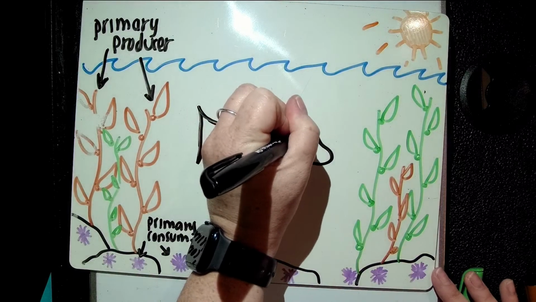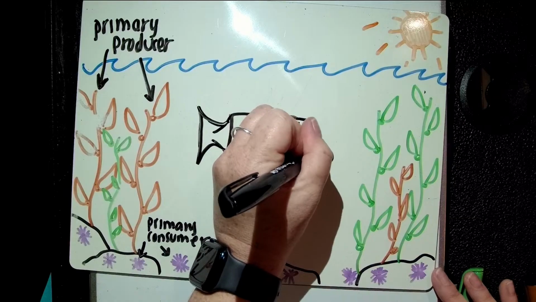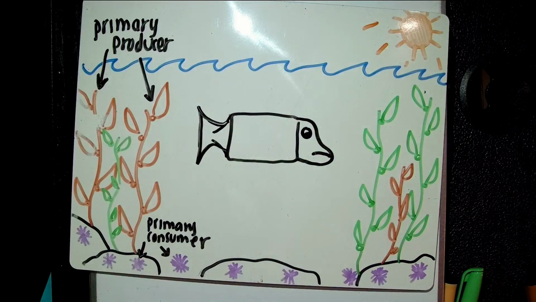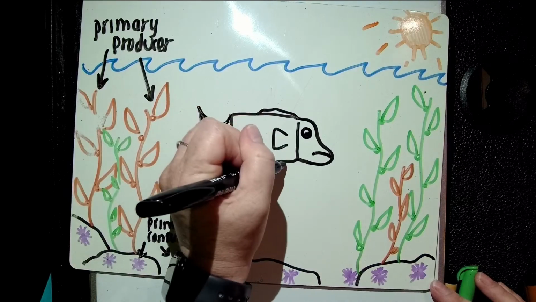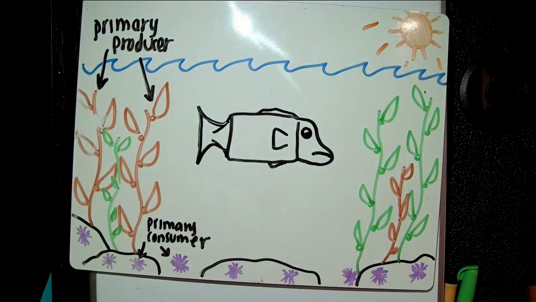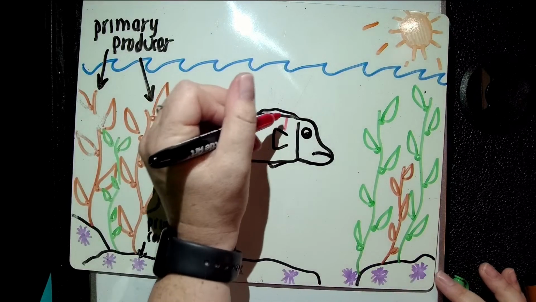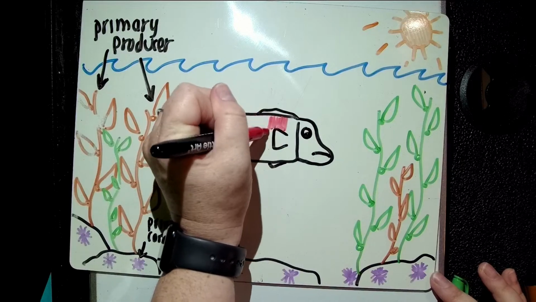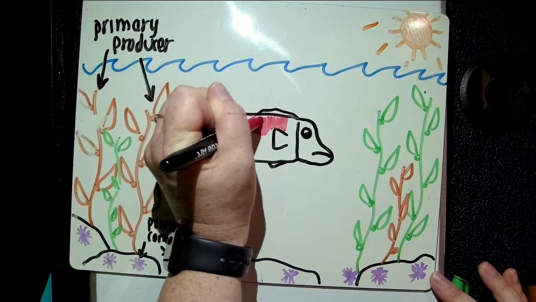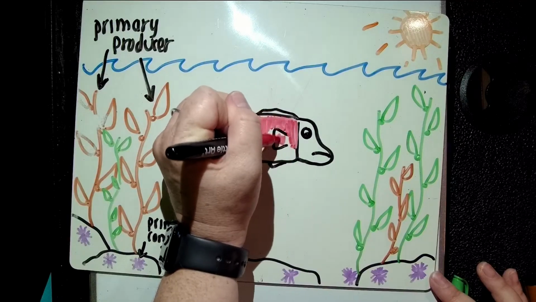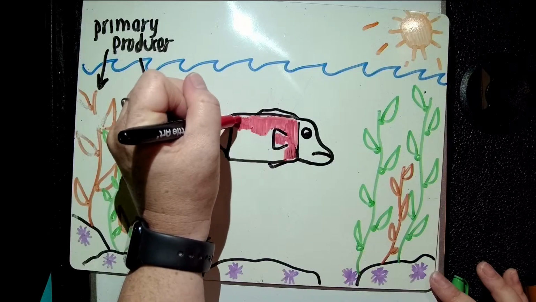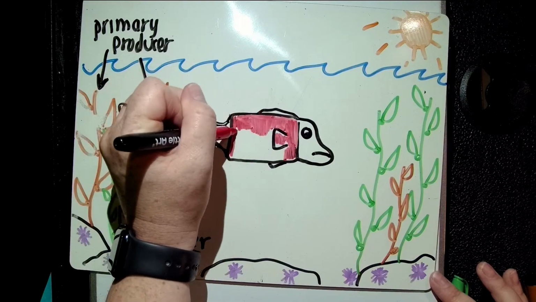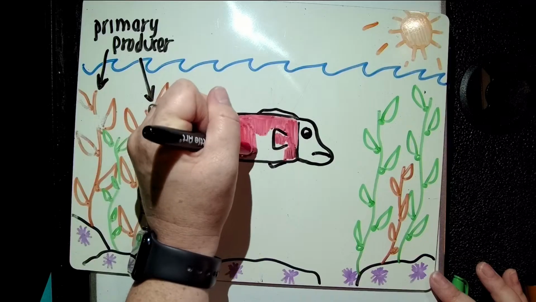And then they've got an eye. They kind of are grumpy looking. I think a lot of fish are grumpy looking. They've got this fin on their back, another fin here in the middle, and then their fin on the other side. And then, so we can tell by the color, we can color the middle part red. So this is our California sheephead that is going to be eating those sea urchins with those big teeth.